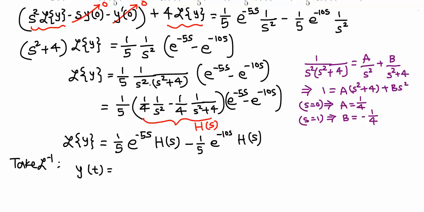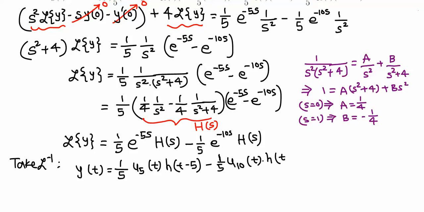And look at the table: when we have e to the negative cs times some function of s, and take the inverse Laplace, we get 1/5 u5(t) h(t minus 5), where lowercase h is the inverse Laplace of uppercase H, that we're going to find in a moment, minus 1/5 u10(t) h(t minus 10).